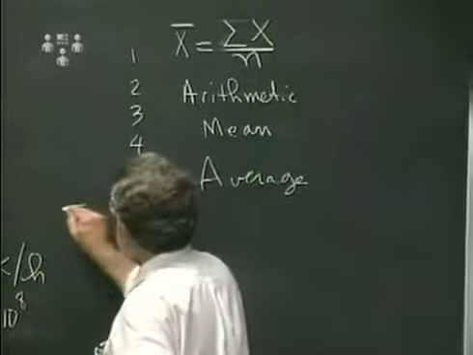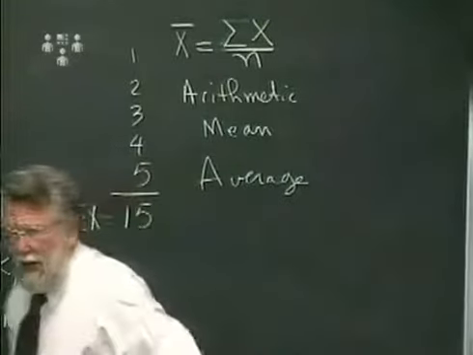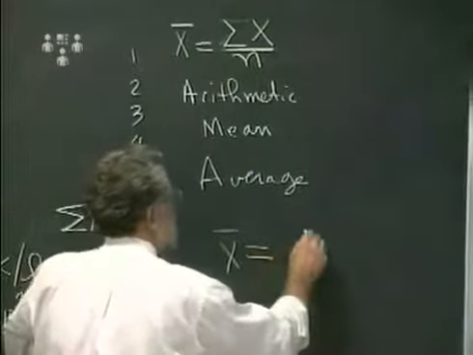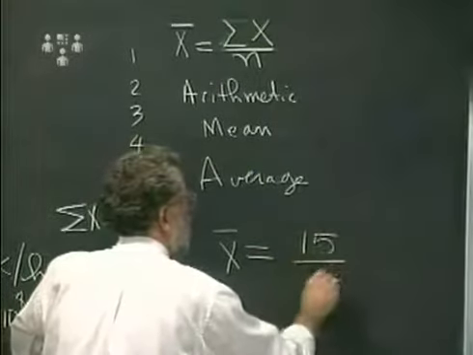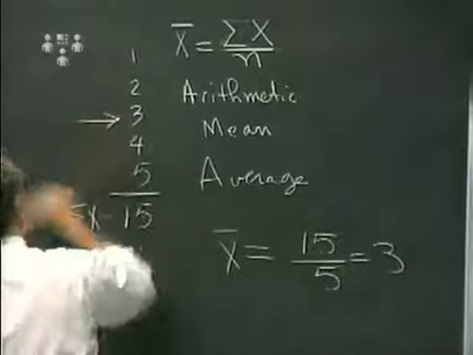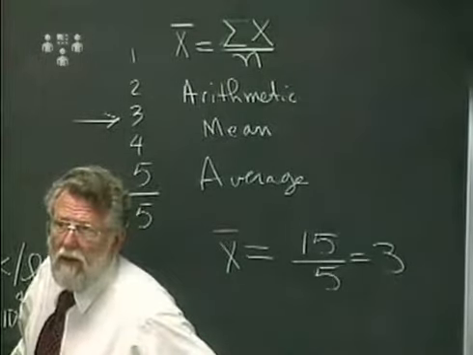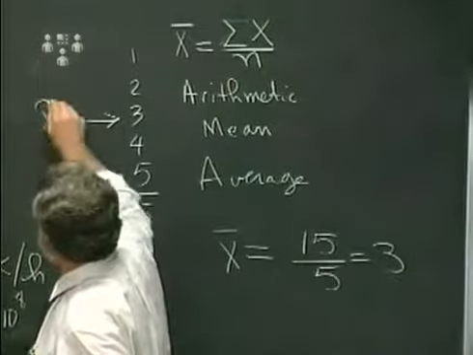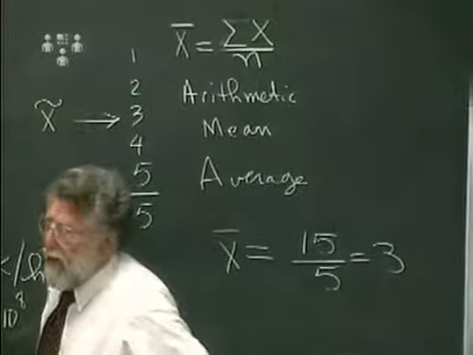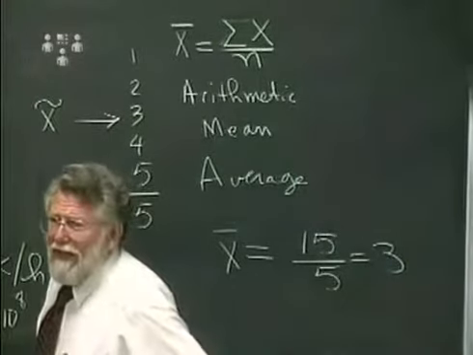That total is 15, so the summation of x is 15. And I have 5 numbers, so x bar is going to be 15 over the 5, which turns out to be 3, and sure enough, that is the middle number, and the middle number is referred to as what? The median. Now that's a median and the mean, and they happen to be equal to each other in my rigged example.